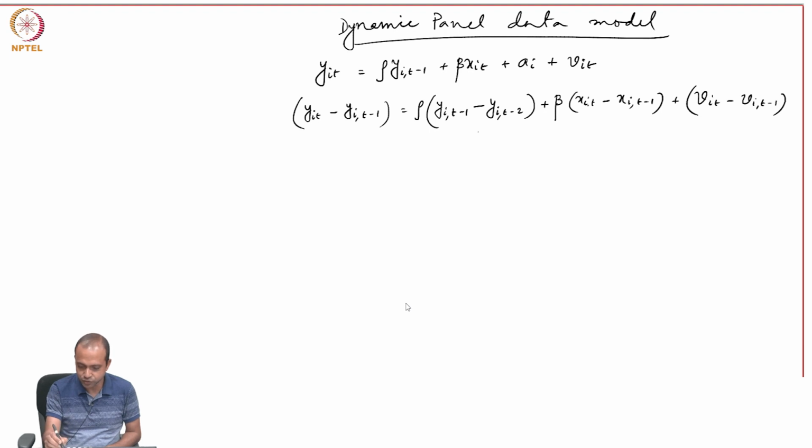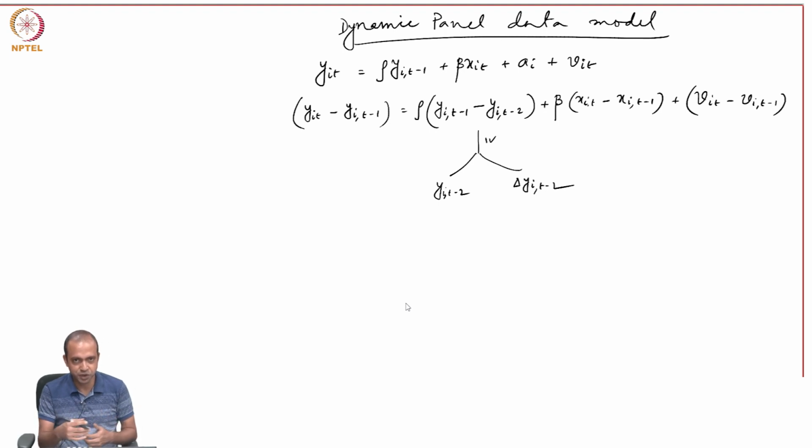In Anderson and Hsiao's approach, we need to use IV for this variable y_i,t-1, and there are two IVs that we are discussing, either lag of level y_i,t-2 or delta y_i,t-2. If we take y_i,t-2, that is called the difference GMM, and when we consider delta y_i,t-2, that is called system GMM.